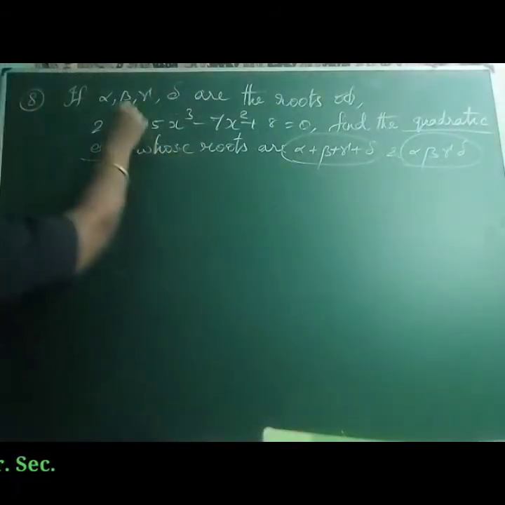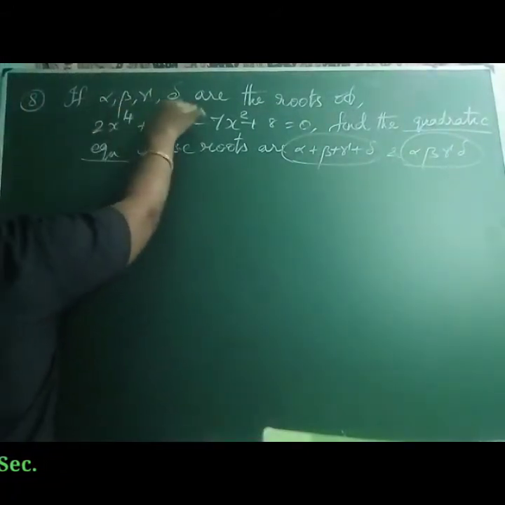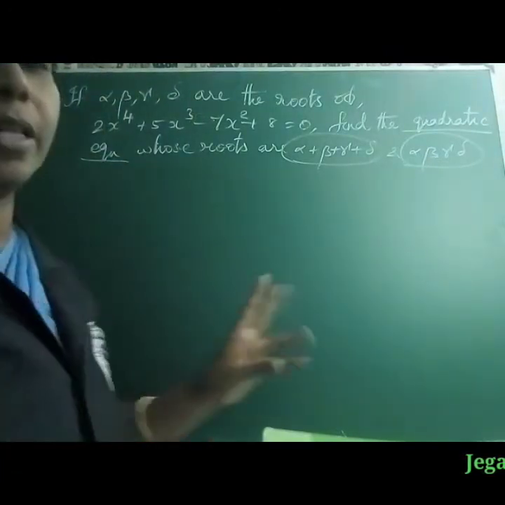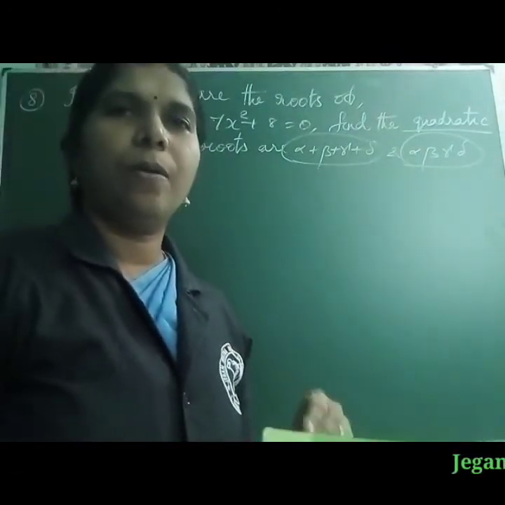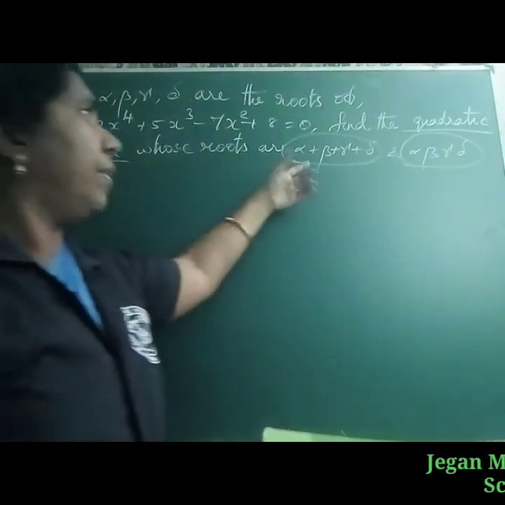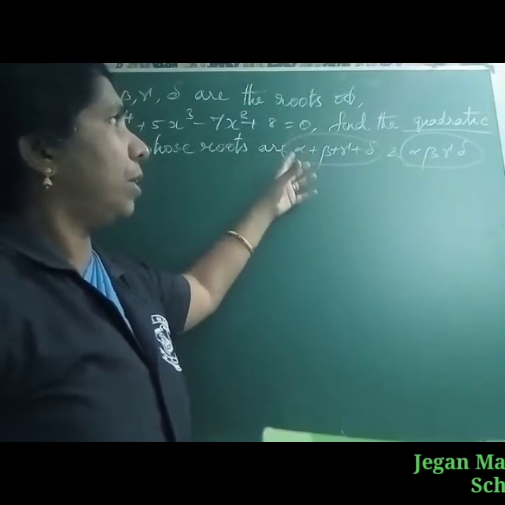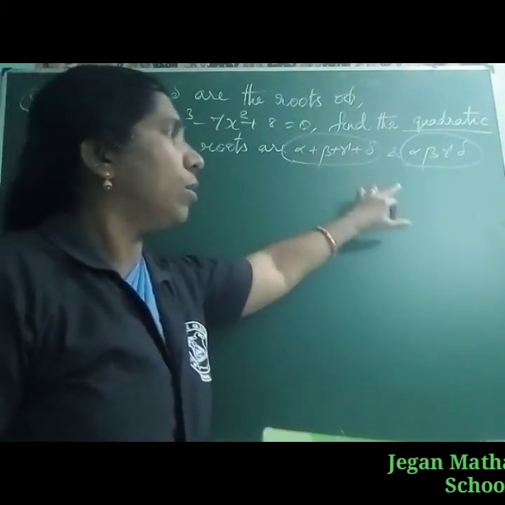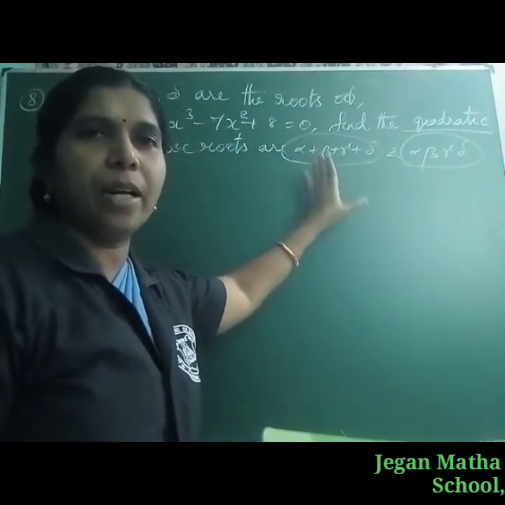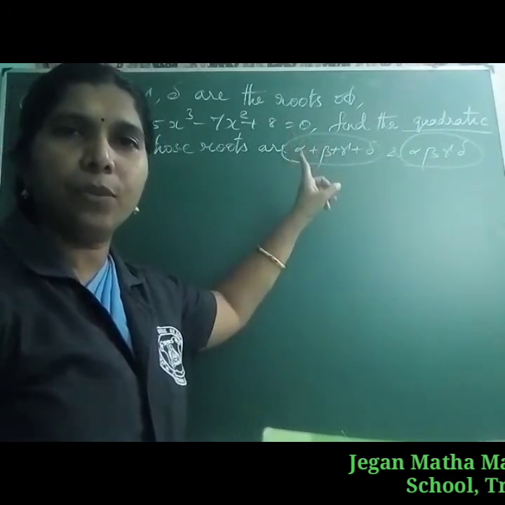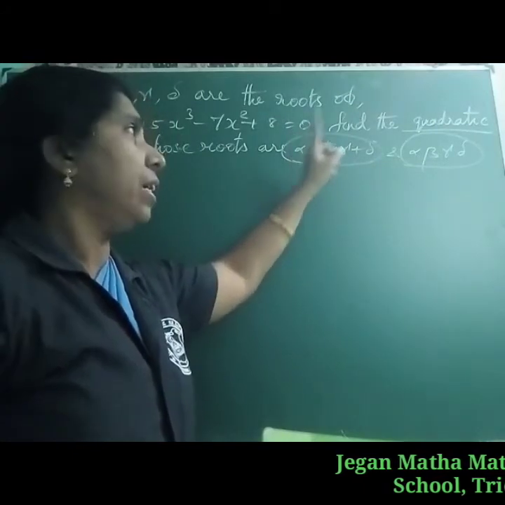Since the power is 4 and 4 roots are there, here we can find out S1, S2, S3 and S4. But it is enough, since we want to form the quadratic equation with only two roots, the sum of the roots and product of the roots. So it is enough to find out S1 and S4.